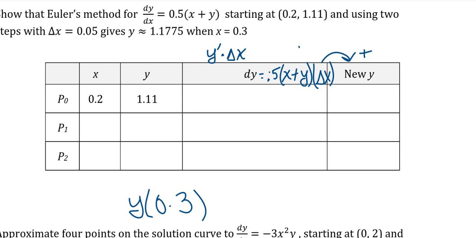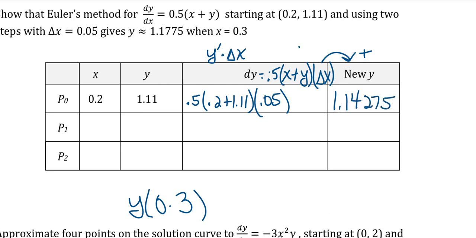Okay, so doing it the first time, we're going to have 0.5 from the formula, and then our x is 0.2 plus 1.1, and we're going to multiply that times 0.05. And then we're going to add that to 1.1, and we get a new y value of 1.14275.